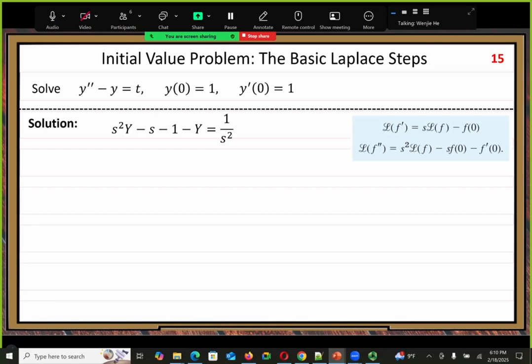Then, apply these two derivative formulas. Because the computation is not very hard, I just write the equation directly.